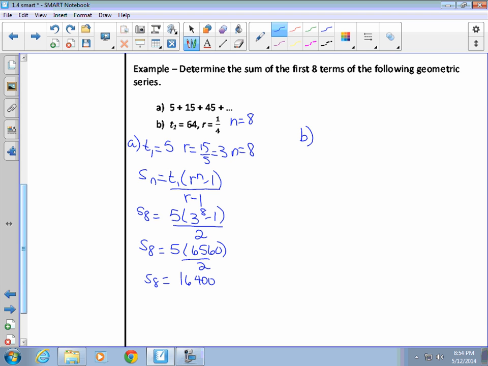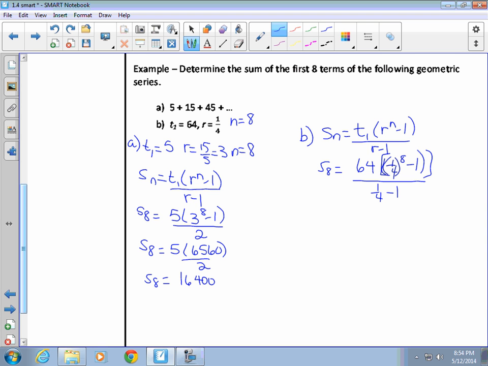So for B, if I substitute these in, I have 64 times, I'm just going to put a square bracket there, 1/4 to the power of 8, minus 1 all over 1/4 minus 1.